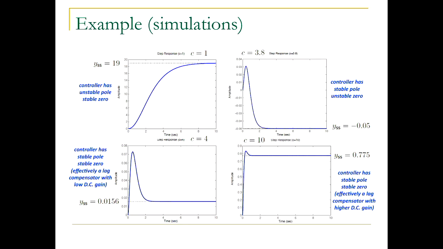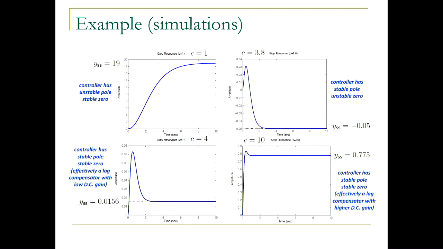You can see that the final value, the steady state value, look here, it's 0.0156, but we want this steady state value to be 1. So the error is huge. Here, you have that the steady state value is minus 0.05. Again, the error is huge. So in other words, arbitrary pole placement does not address at all the issue of steady state errors. And steady state errors may be really, really bad.